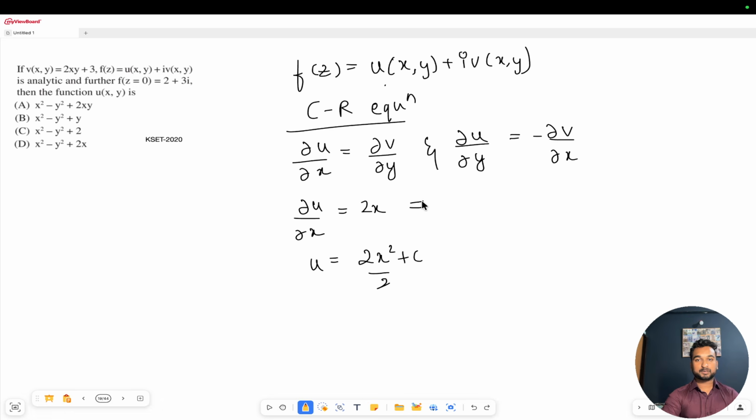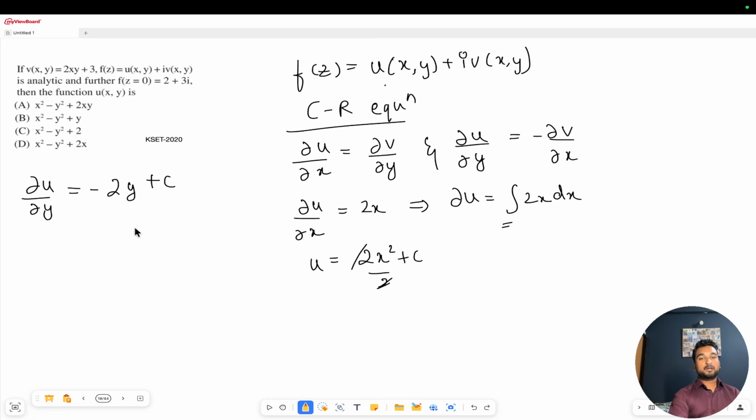Del u will be equal to the integration of 2x dx, so this will be 2x square upon 2 plus c. The 2 cancels out, giving x square plus c. Now from the other equation, del u by del y will be equal to minus del v by del x. Differentiating v with respect to x, we will get minus 2y.